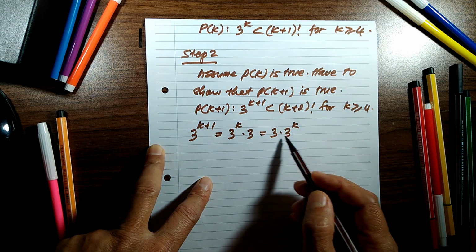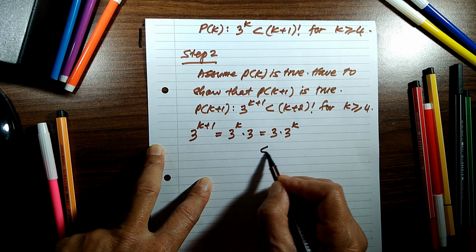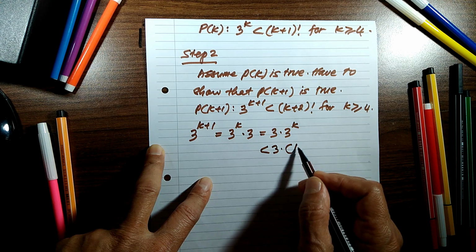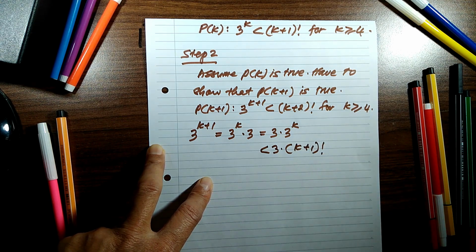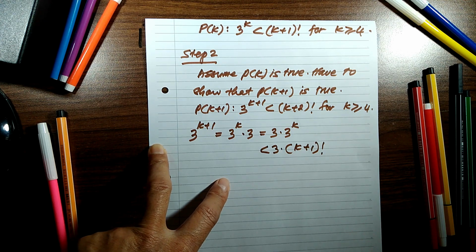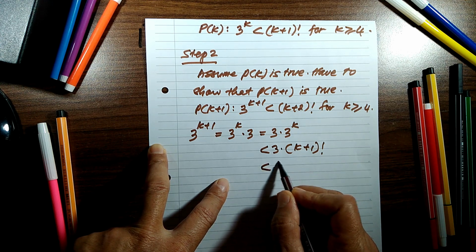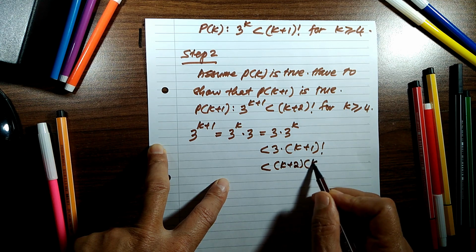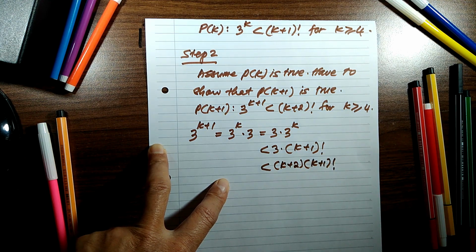So 3 multiplied by 3 to the power k will be less than 3 multiplied by (k plus 1) factorial. And this term is less than (k plus 2) multiplied by (k plus 1) factorial.